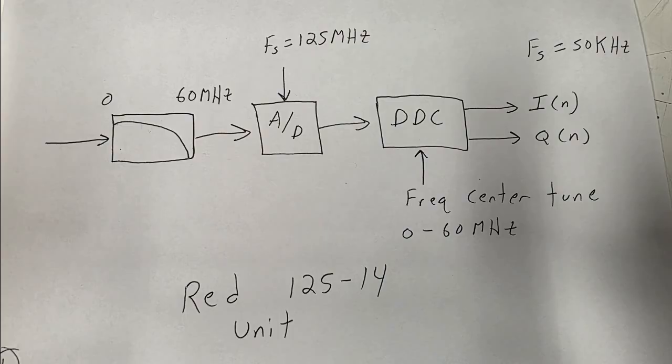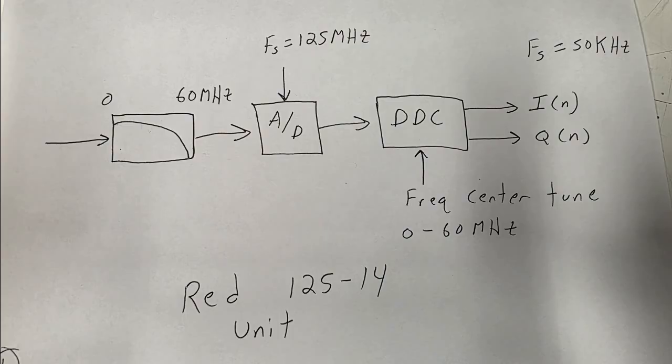So in this case, you could tell the DDC to tune somewhere around 0 to 60 megahertz. And in this example, we're showing it will have a final IQ bandwidth of 50 kilohertz. So this is a classical definition of what's going on in your Red Pitaya unit on the receive side.